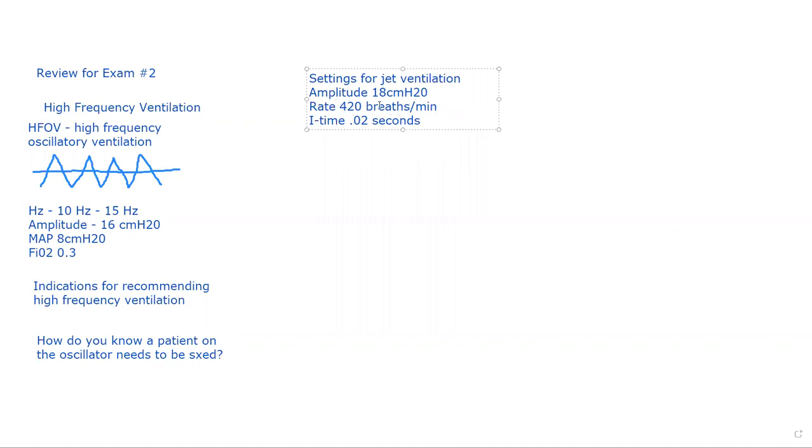So not only do you have the jet ventilator, but you also have the conventional ventilator at the bedside.